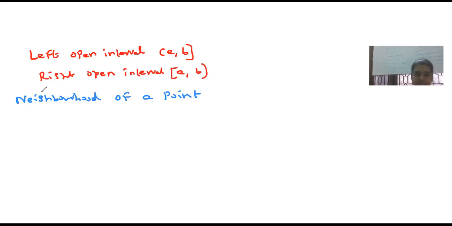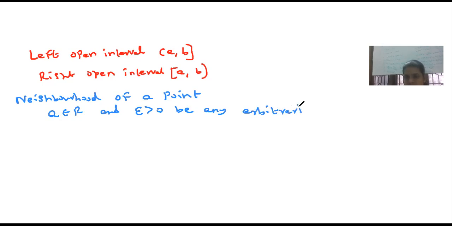Okay, so here you are having A belongs to R and epsilon greater than 0 be any arbitrarily small real number. Okay ma?